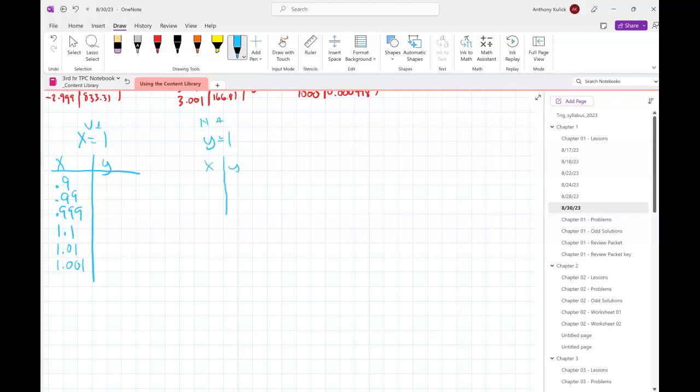But here, this is a horizontal asymptote, so I'm just worried about getting closer. I'm just worried about the far left end and far right end of my graph. So negative 10, negative 100, negative 1,000, positive 10, positive 100, positive 1,000.